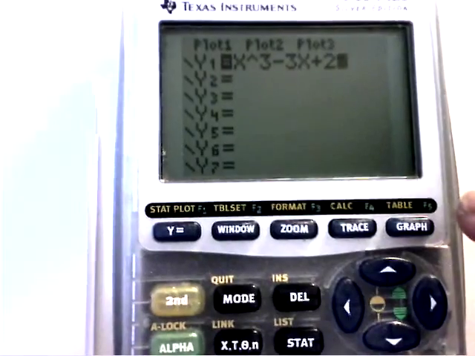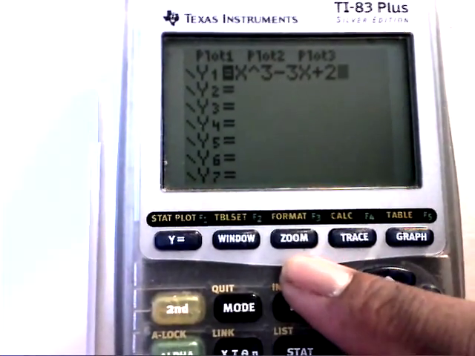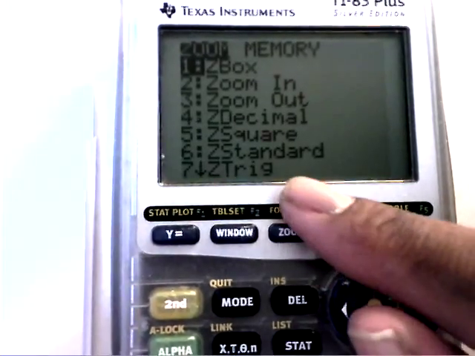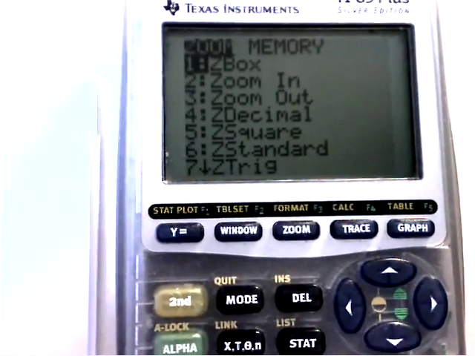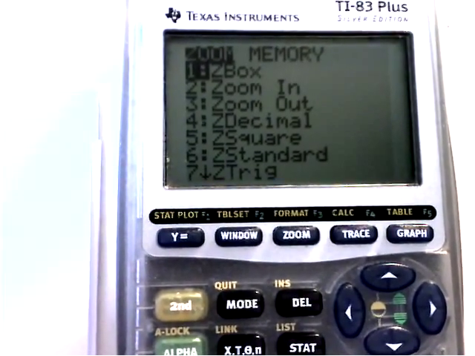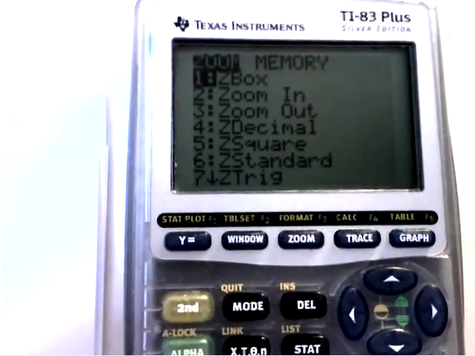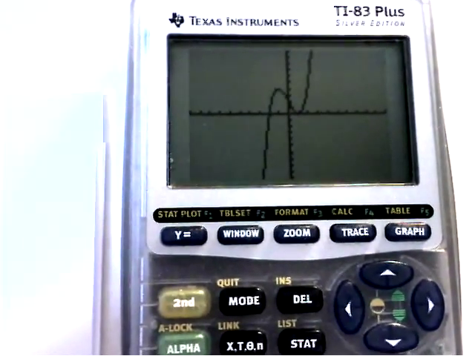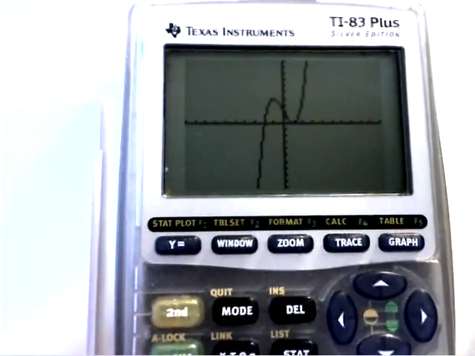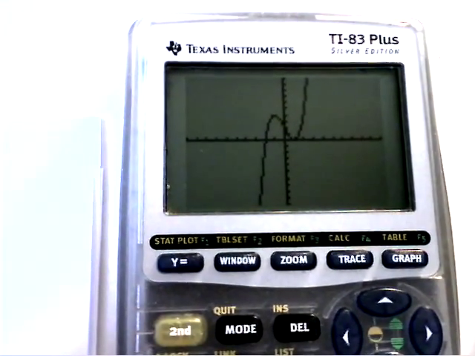And then from here, to be on the safe side, I'll press zoom, and then I'm going to select number 6, which is the standard window. What that'll do is give me a window from negative 10 to positive 10 on the x-axis and negative 10 to positive 10 on the y-axis. And that's what the graph of x cubed minus 3x minus 2 looks like.